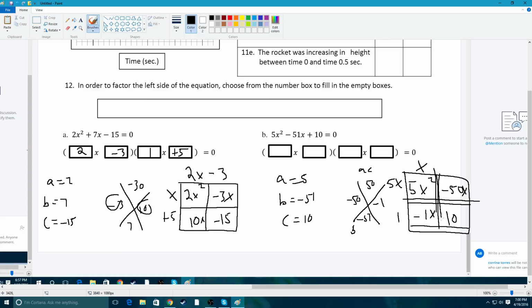GCF of -50x and 10 would be a 10. Now here's the deal. Since these two boxes here are both negative, that means both of these numbers must be negative. So your answer is (5x - 1)(1x - 10).